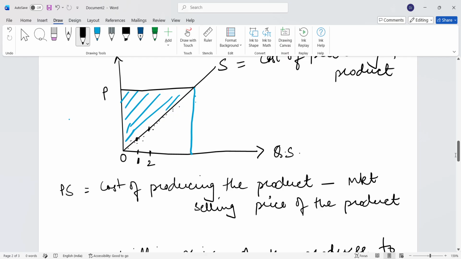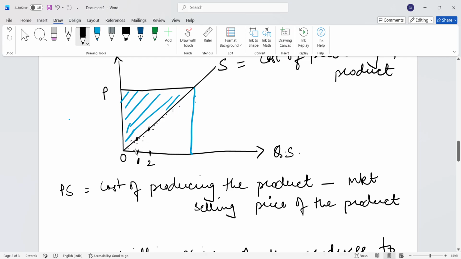This would give you a negative number. It would be the market selling price of the product minus the cost of producing the product. So basically the difference between the two, the difference between this and this, the market selling price, is your producer surplus.